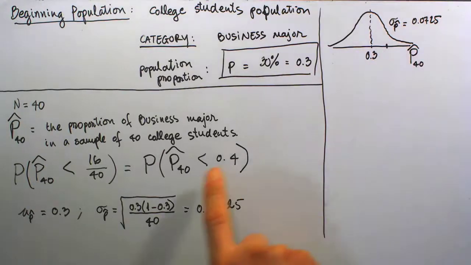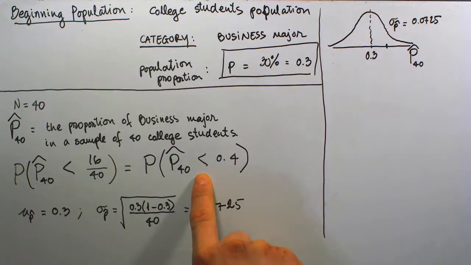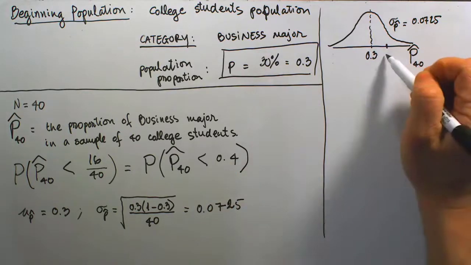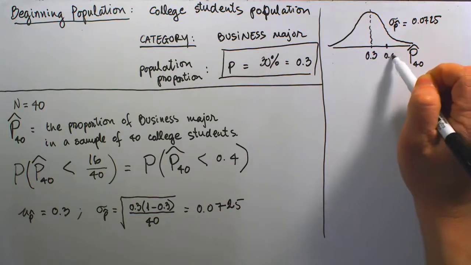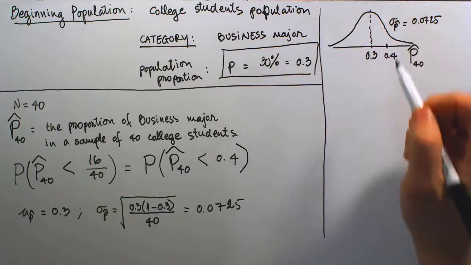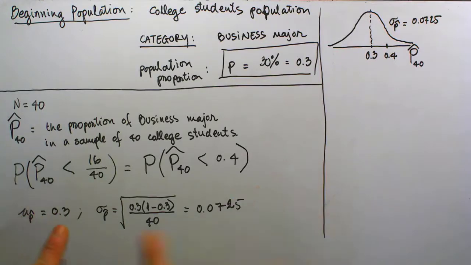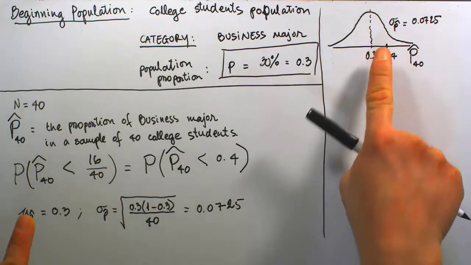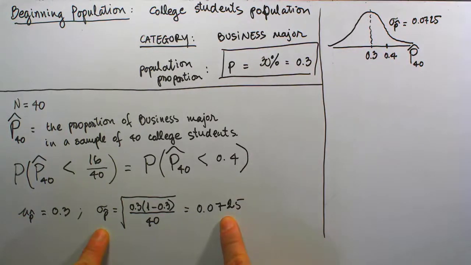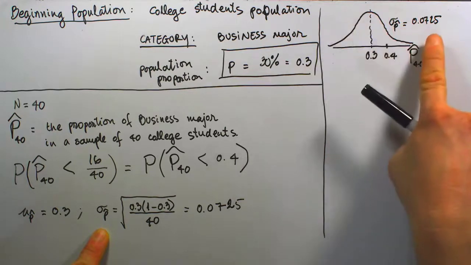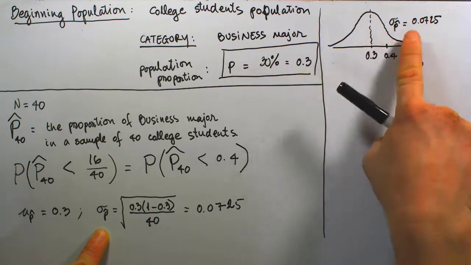We want our sample proportion value to fall below this threshold value right here. And 0.4 on this bell curve is somewhere to the right-hand side of 0.3, the center of the bell curve. Now you can start seeing how this information is all connected together. We have to find the center so that we know where to place the middle of our bell curve, and this average spread is an indication of how largely or how narrowly spread our bell curve would be.